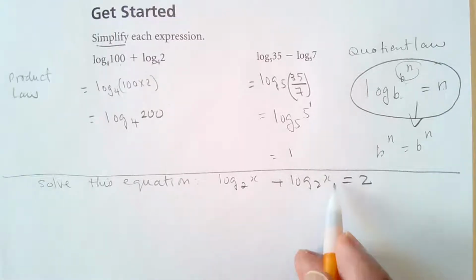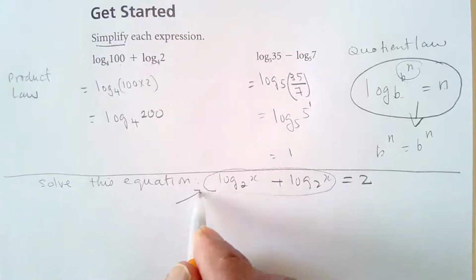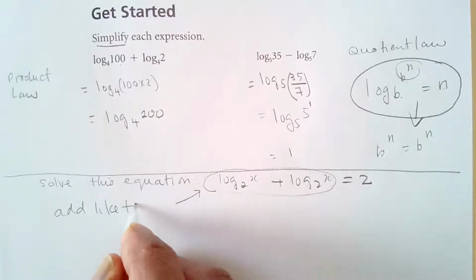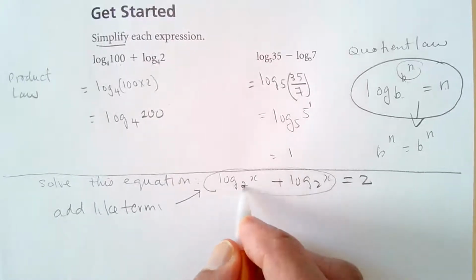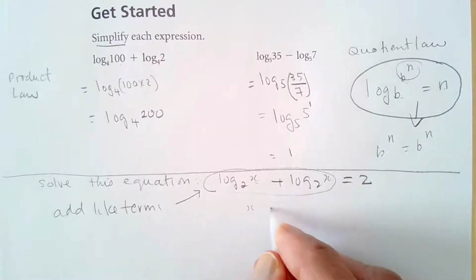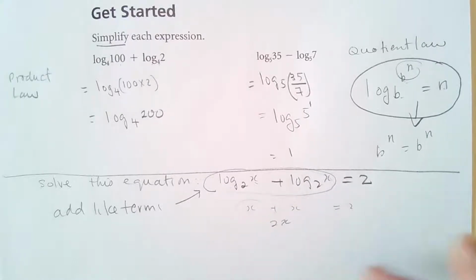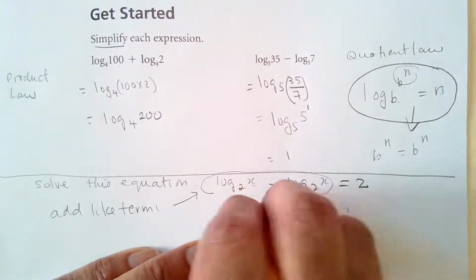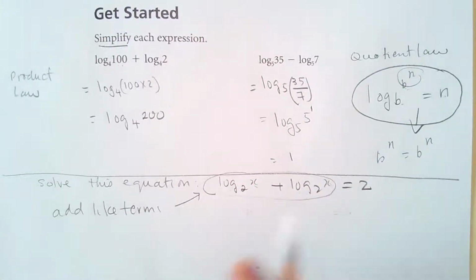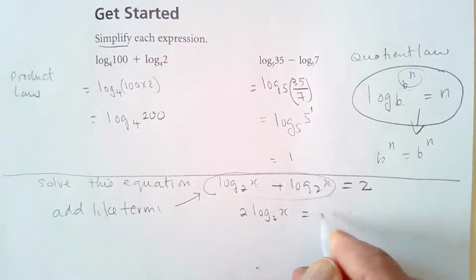Because these are like terms, we'll add like terms. It's like if you have x plus x, these two become 2x. I'll do the same thing here, because they're like terms. So you have 2 log base 2 of x, because you have 2 of them, equals 2.